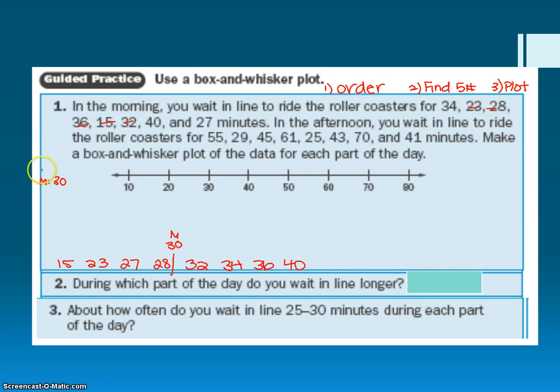The lower extreme is 15. Let's find the lower quartile, which is between 23 and 27. 50 divided by 2 is 25. So that's your lower quartile.